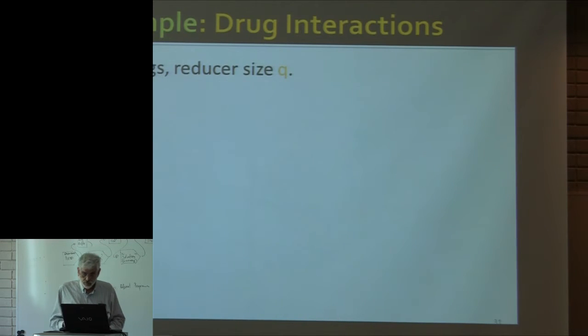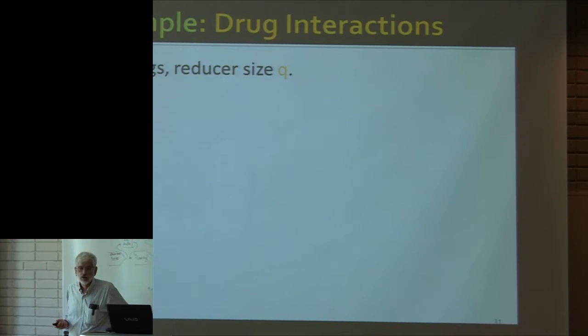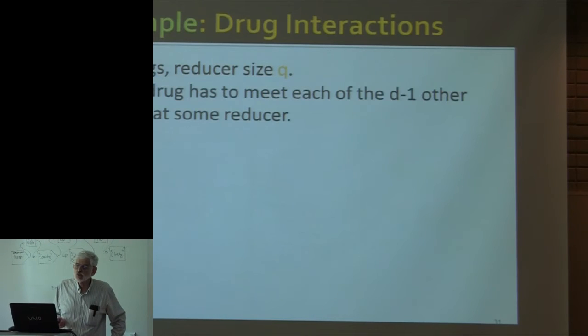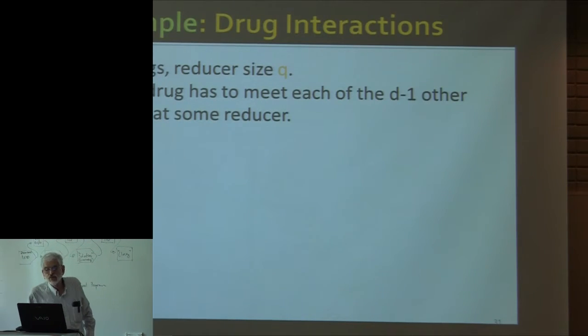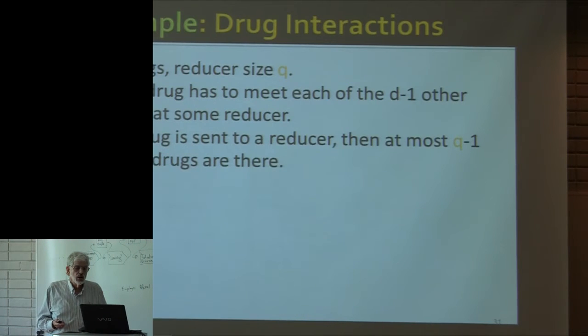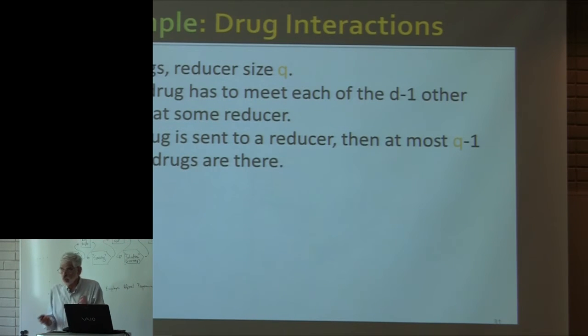Let's look again at the drug interaction problem and try to devise a lower bound. Again, we have reducer size Q, there are D drugs. Each drug has to meet the D minus 1 other drugs at some reducer. If I send the drug to a reducer, I can send at most Q minus 1 other drugs to that reducer, because I can send only Q drugs to any one reducer.